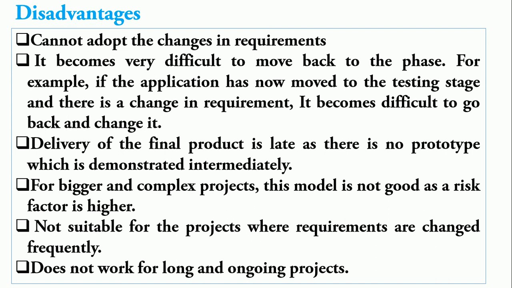After completion, the output of one phase becomes the input of the next phase. There are 7 stages: requirement analysis, system analysis, design, coding, testing, deployment, and maintenance. I hope this concept is clear to all of you.